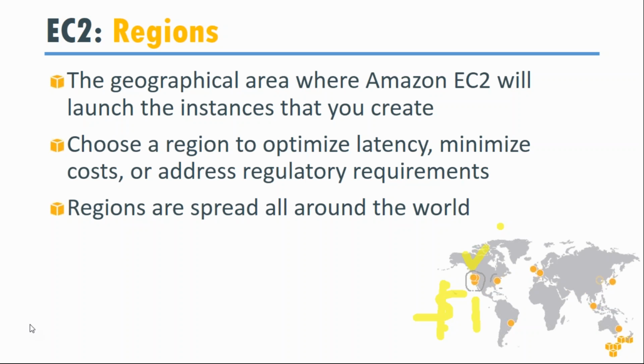So when you're choosing a region, you choose it carefully for minimizing latency, for minimizing cost, and also for regulatory compliance. Sometimes you cannot run your workload in a different country if it is related to medical, pharma, insurance, government or defense sectors.